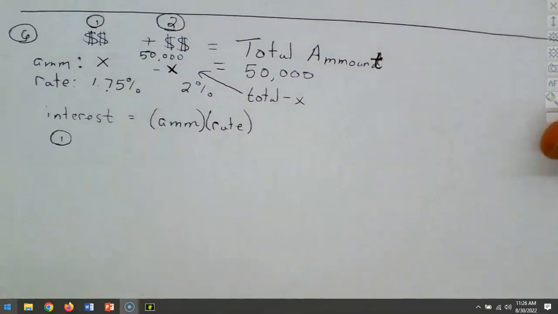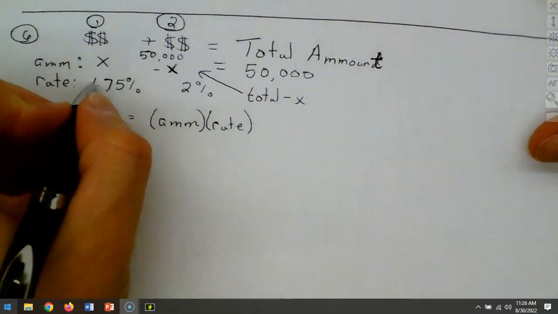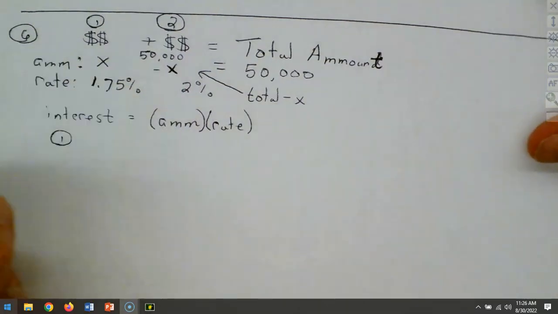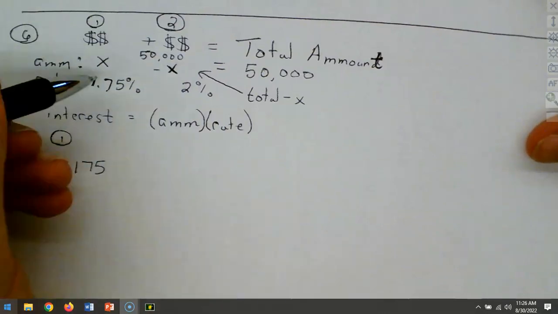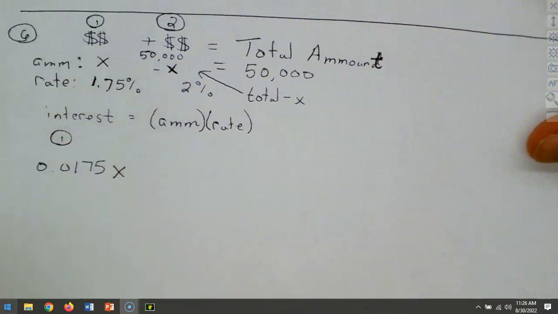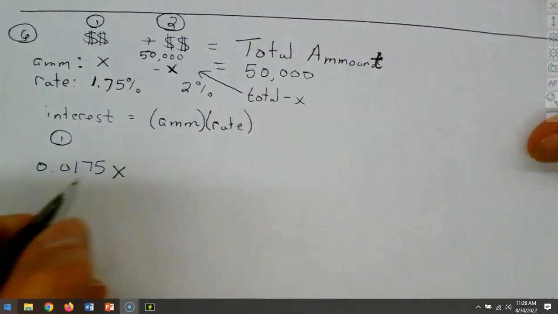And for our first one, 1.75%, so as a decimal, that is 0.0175, and we're going to multiply it by x. So there's that piece.